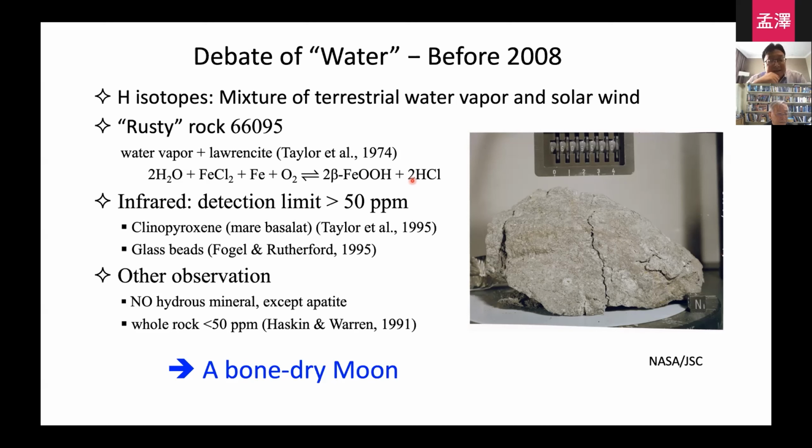Another thing is that no hydrous minerals except apatite have ever been discovered in the lunar materials. So that's why all the early analyses suggest that the moon is bone dry.